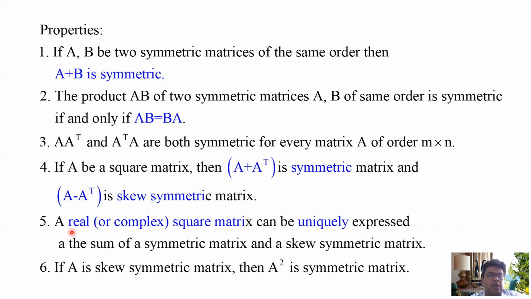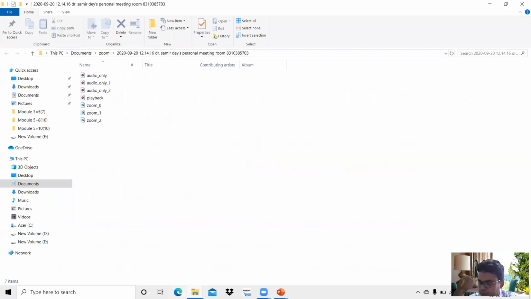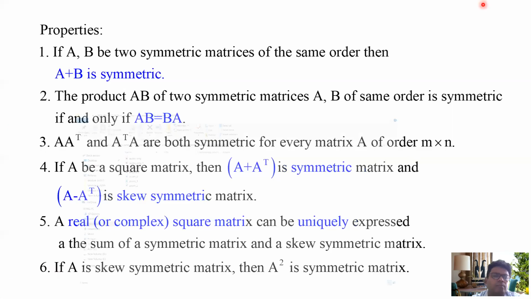Number 5, a real or complex square matrix can be uniquely expressed as a sum of a symmetric matrix and a skew symmetric matrix. This is very, very important. Number 6, if A is a skew symmetric matrix, then A square is a symmetric matrix. These are the important properties.